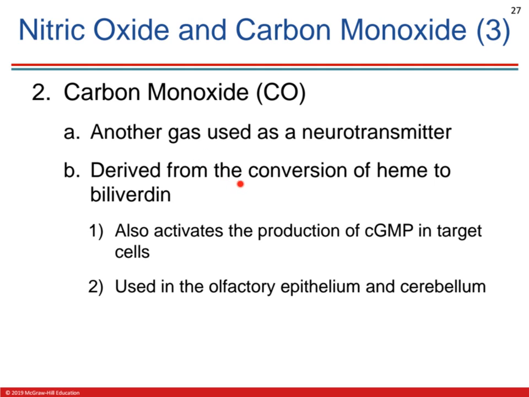It's derived from the conversion of heme to biliverdin. It activates the production of cyclic GMP in target cells, and it's used in places like the olfactory epithelium, which is involved in smelling, and in the cerebellum, again the smaller brain-like structure that's involved in motor coordination.